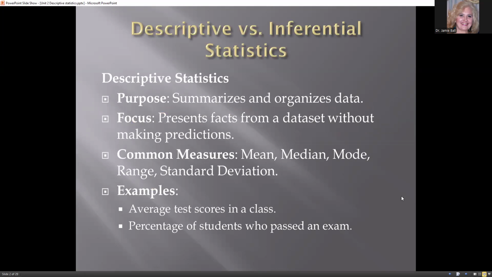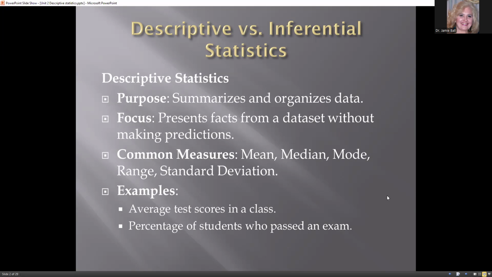So the purpose of descriptive statistics is to summarize and organize data. It is particularly effective with large amounts of data, but in research, we always do this. It presents facts from a data set, but it doesn't make any inferences, predictions, or test for any hypotheses.